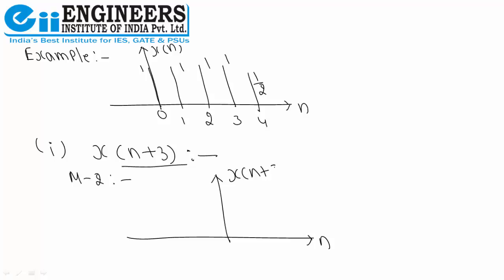So the answer will become x[n plus 3]. We need to shift by 3. So the 0 sample will start at minus 3, then minus 2, then minus 1, then 0, and the last sample will become 1/2 at minus 1. The amplitudes are 1, 1, 1, and the last amplitude will be 1/2, right?